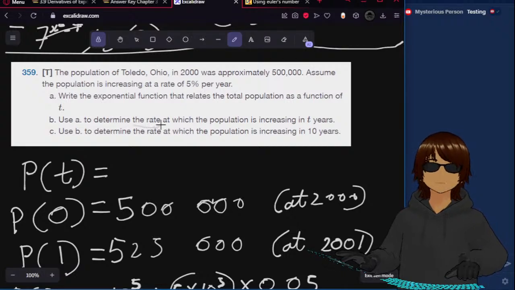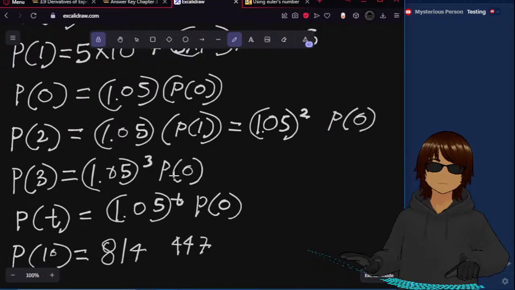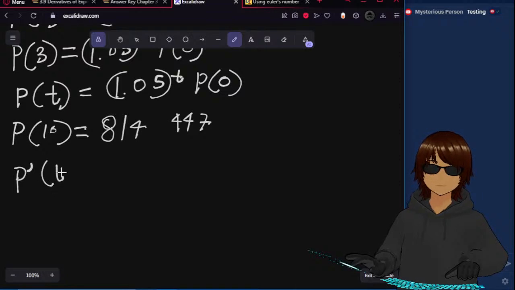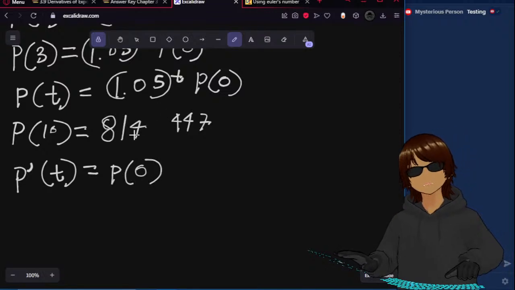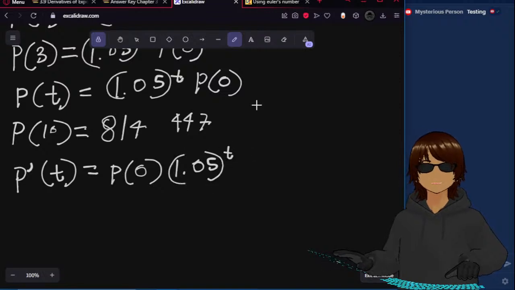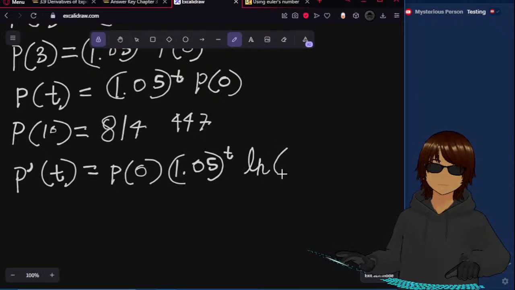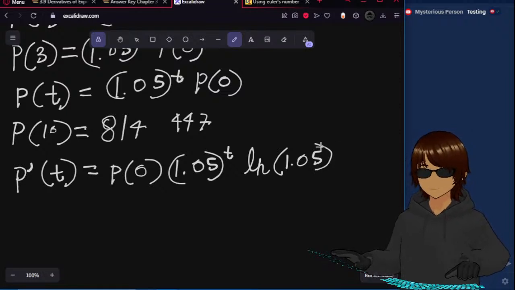Now we have to determine the rate of the population itself. So the derivative of this would be ln. Is this correct?